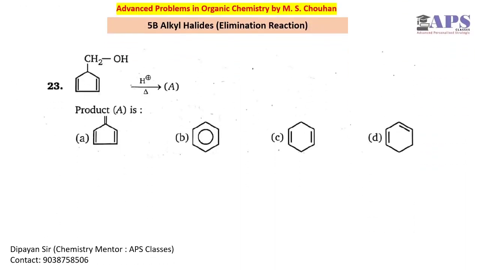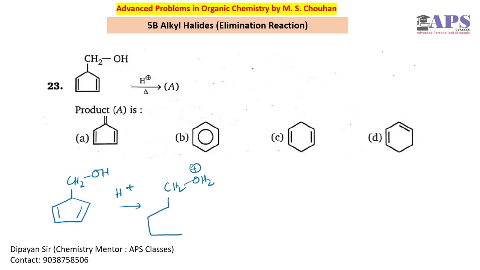Next, question 23. This is another example of ring expansion after dehydration. The starting material after addition of H plus will get this kind of thing, and after elimination of water as a leaving group, this is formed.